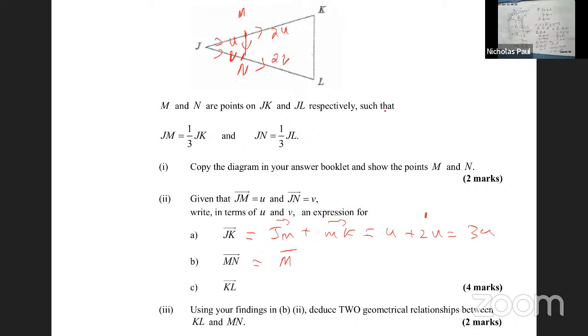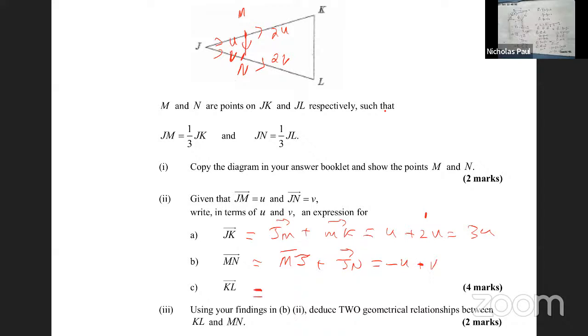M to J and then J to N. M to J is what? Minus u. M to J is minus u, and J to N is positive v.